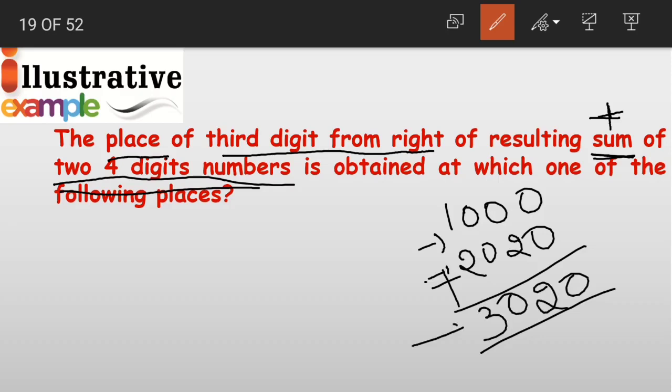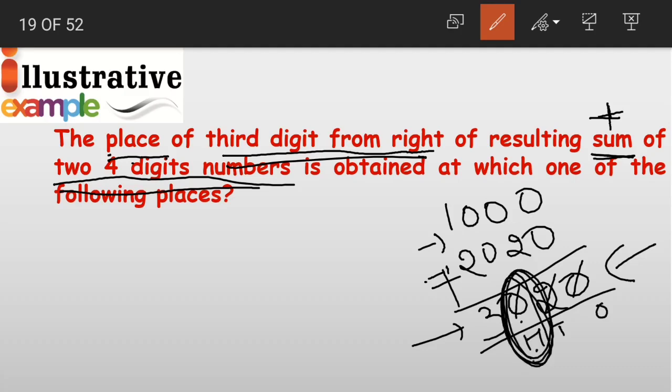Now in this sum, the place of third digit from the right side, the third digit 1, 2, 3. Now this is in which place? Ones, tens, hundreds. So the digit is in hundreds place.